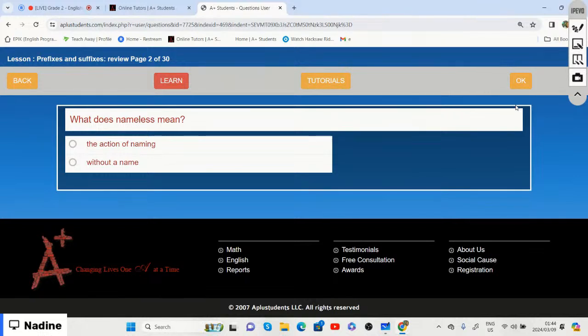Then we have nameless. Nameless. So since you got your new puppy, my puppy doesn't have a name yet, which means that the puppy is nameless.